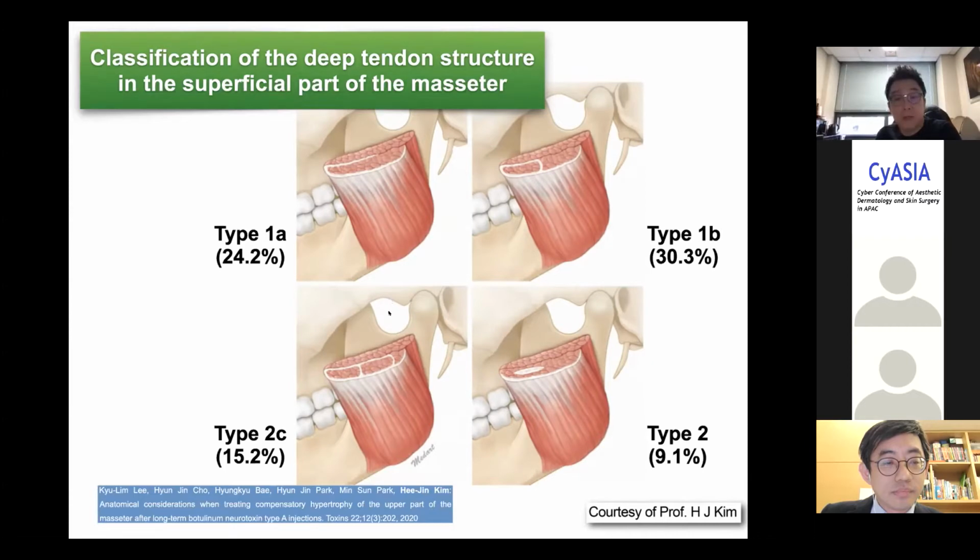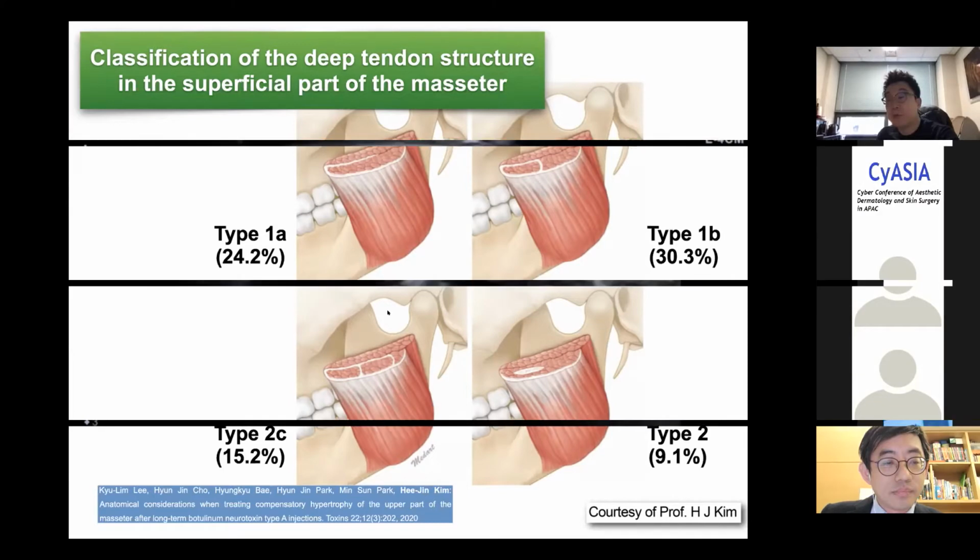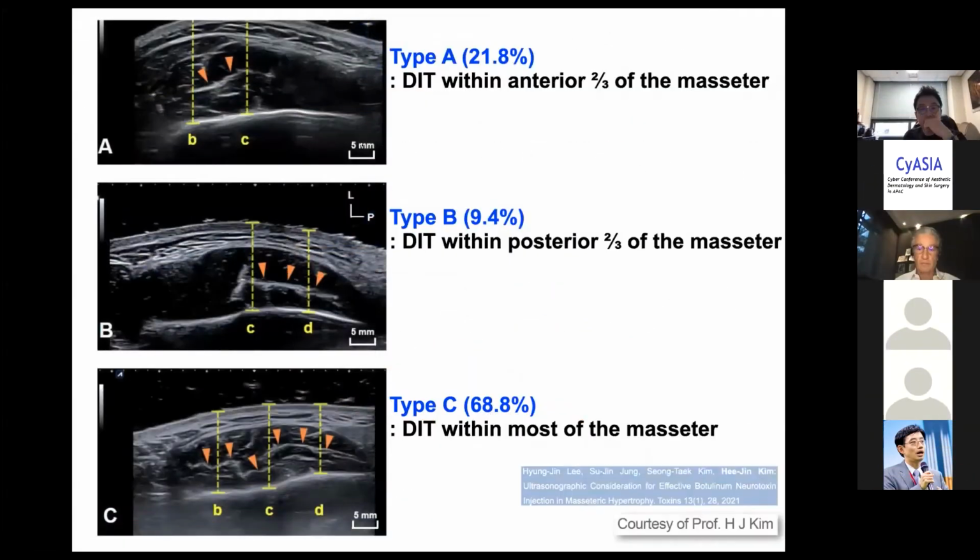I will briefly show the dissection photos based on this illustration. Among these patterns, you can see type 1 is the predominant pattern. Also, based on our volunteers' ultrasonographies, we classified into three patterns. Type A is about 21% of cases: DIT, the inferior tendon within the masseter, appears in the anterior 2/3 of the masseter.